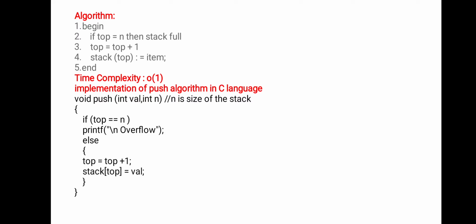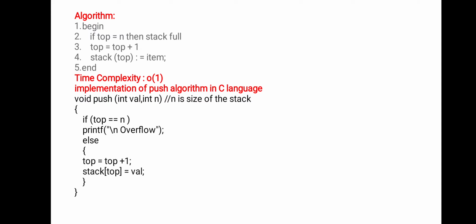Suppose the maximum number of elements in the stack is 10. I am going to start my stack from 1. When the first element is inserted, top value is 1; for the second value, top value 2; up to top value 10, which means the stack is full. So if the top value reaches the maximum size n, then we simply print overflow, meaning the stack is full.